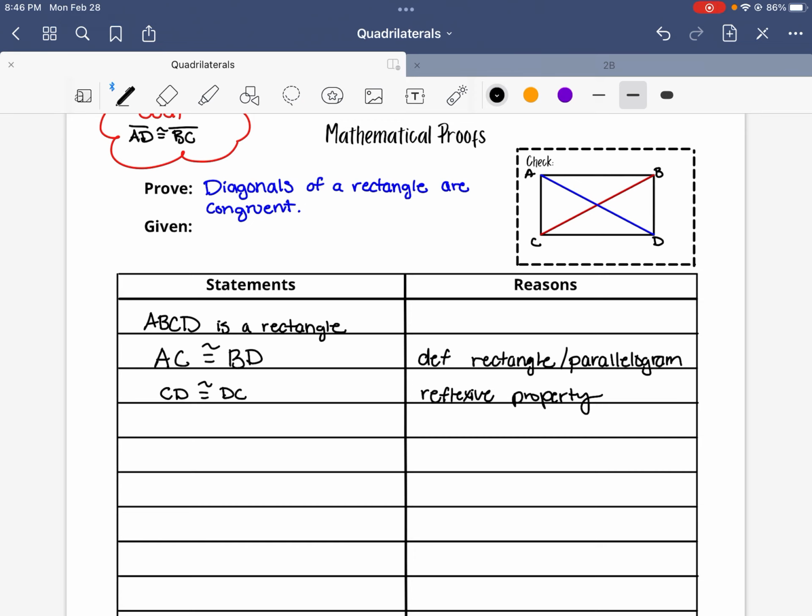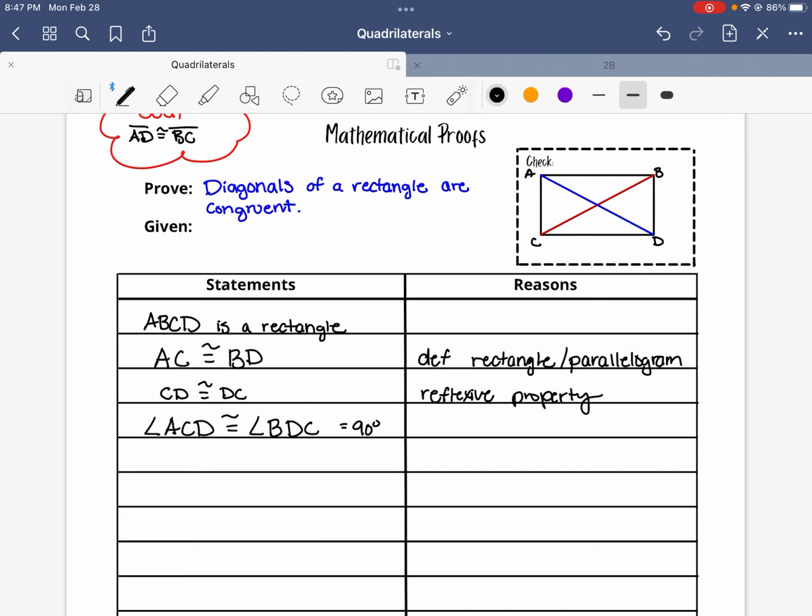And then we know that angle ACD, so now I'm going to try approaching these angles, is equal to 90 degrees. Well, you can say it's equal to 90, or you can say that it's equal to BDC, which is equal to 90 degrees.